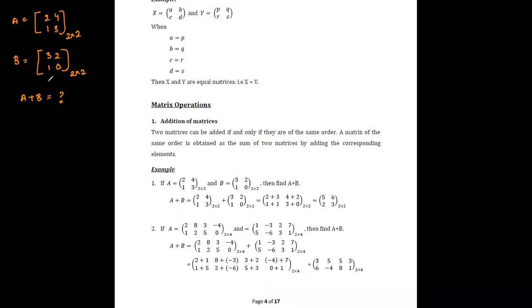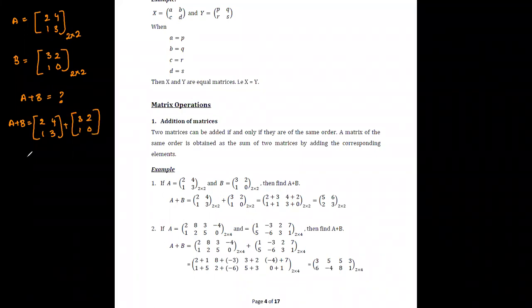First, we need to identify whether these two matrices are conformable for matrix addition. As soon as we see the order of matrix A and matrix B, we can see that the orders are equal. Since the orders of these two matrices are equal, A and B are conformable for matrix addition. Therefore, if you add these two matrices, this would be 2, 4, 1, 3 added to 3, 2, 1 and 0.